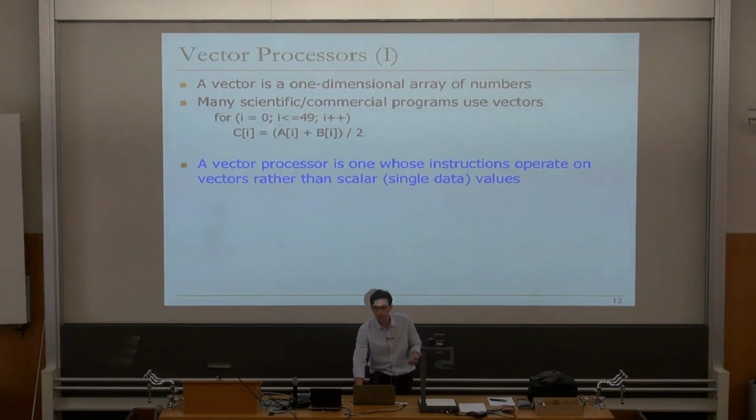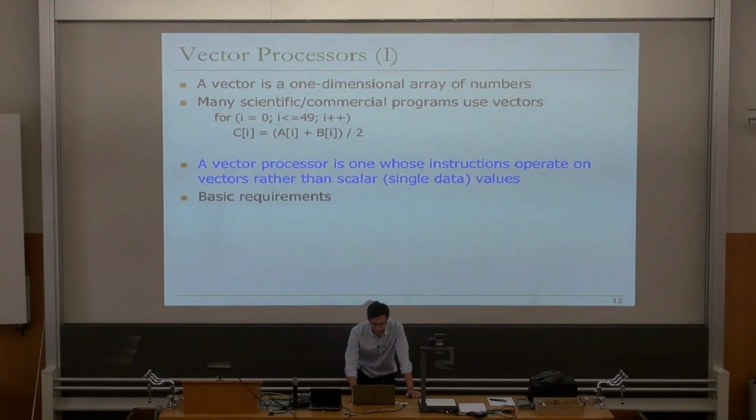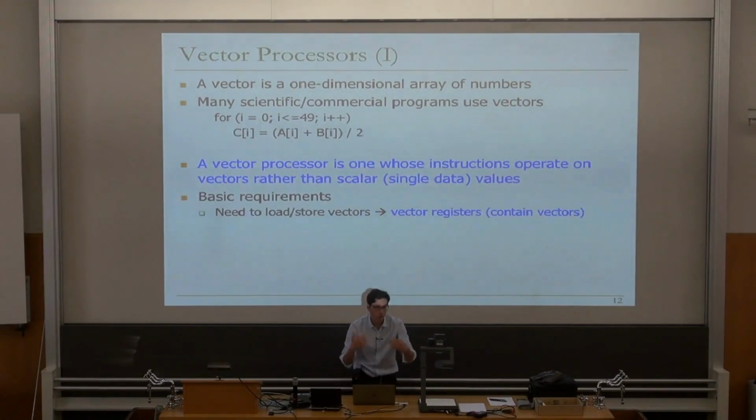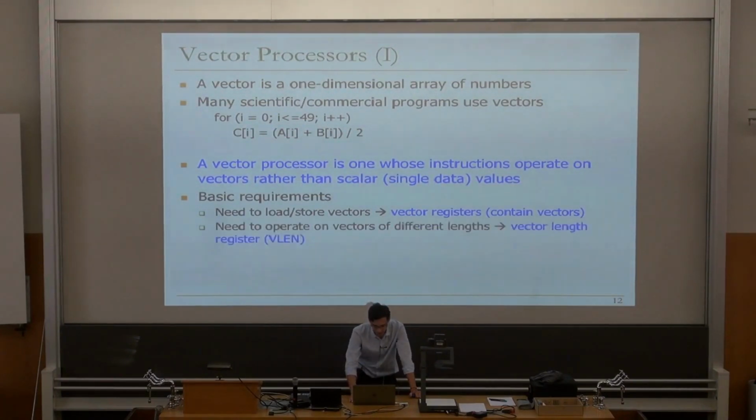Because all the 50 operations that we need to execute here are exactly the same, they can be efficiently executed on a vector processor. There are only some basic requirements that should be fulfilled, and actually are fulfilled here: we need to load and store vectors from memory or to memory, and we will use vector registers for storing intermediate data.